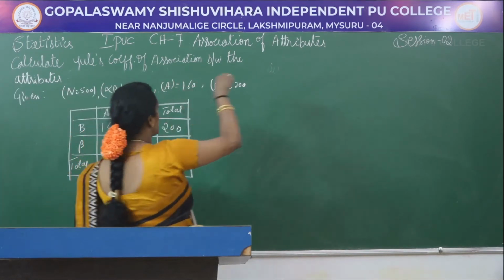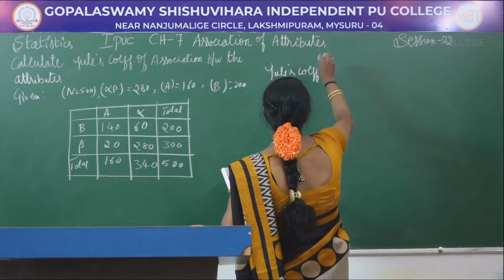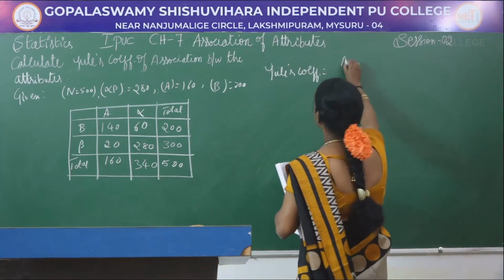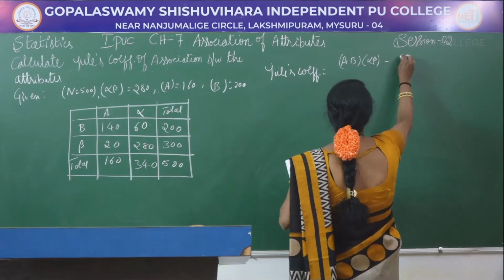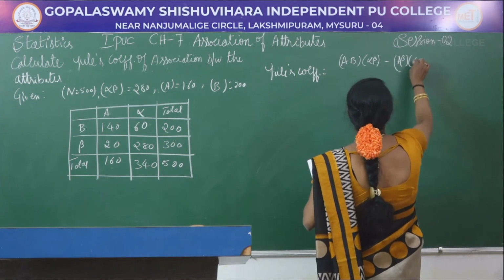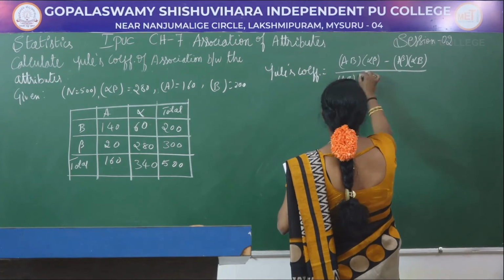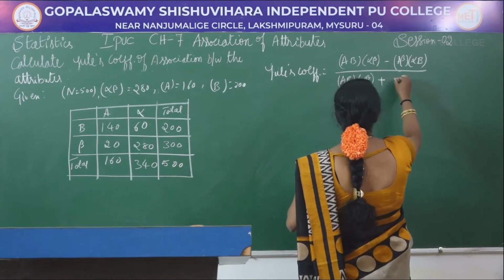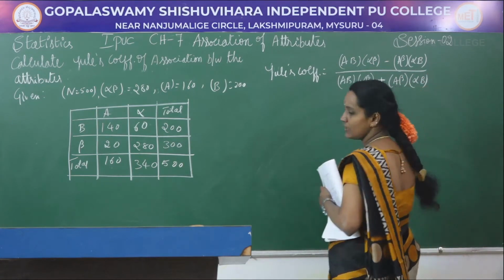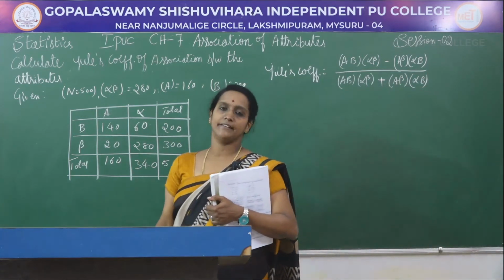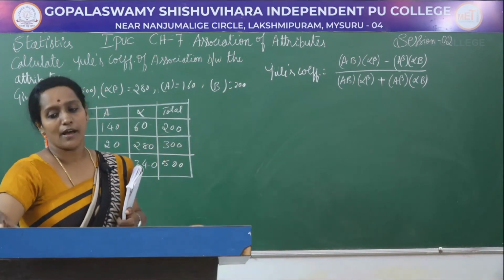Now we should move on to our Yule's coefficient. Yule's coefficient is AB alpha beta minus A beta alpha B, divided by AB alpha beta plus A beta alpha B. So this is the formula to find the Yule's coefficient. Now I am substituting the values.